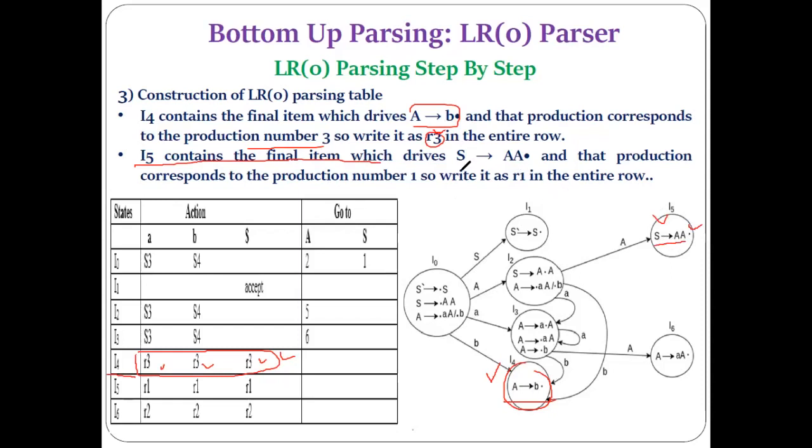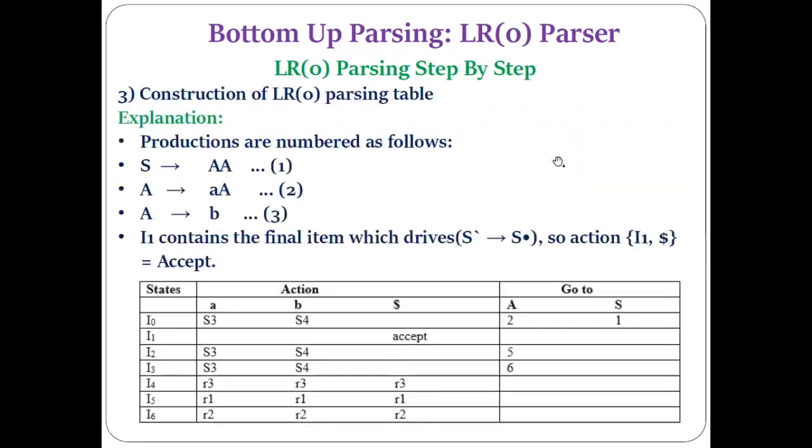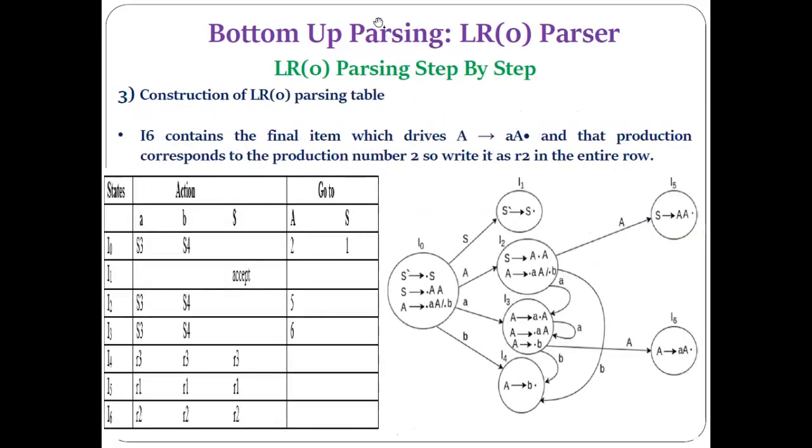Let's see which production number that is. For understanding, I just mark the production grammar here: S derives AA, then A derives aA or B. So this is our production number 1, this is 2, and this is 3.